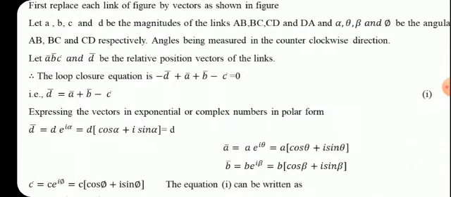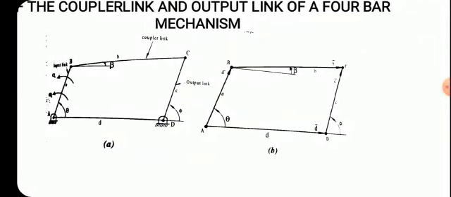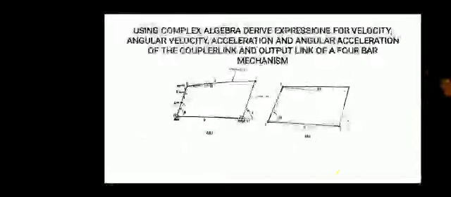Why minus? You tell me, why minus? Because you see the previous figure directions. You see vector A, vector B and vector C. A and B are in the forward direction, but vector D and vector C are in the reverse position.